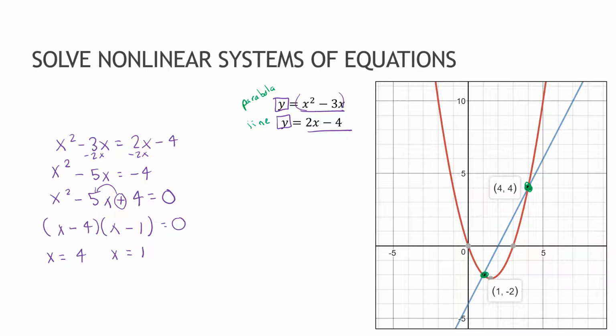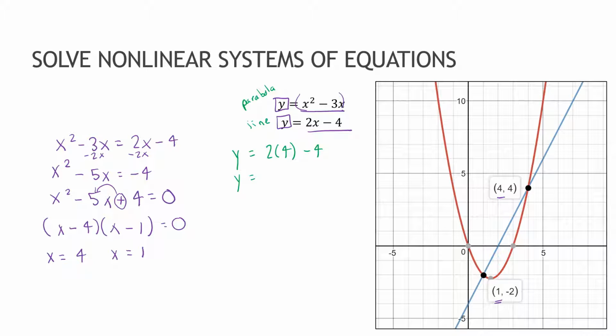But don't stop there because I'm looking for the solution, and the solution is always ordered pairs. Now, as you can see, based on my little cheat over here, notice the x value of one of my answers is 4 and the x value of one of my answers is 1. So I know I'm on the right track. In order to find the y values, choose one of your two equations, plug in the 4.